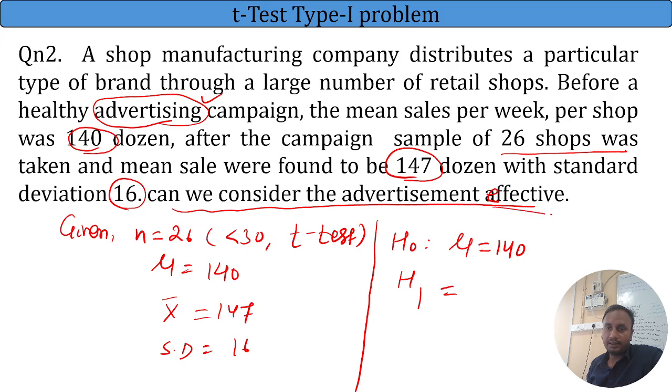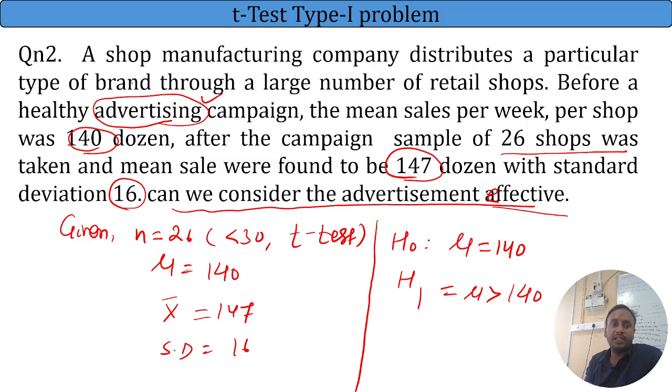If you read this, effective means something like after the campaign it should increase. It means greater, is it? Yes. So it will become mu greater than 140.